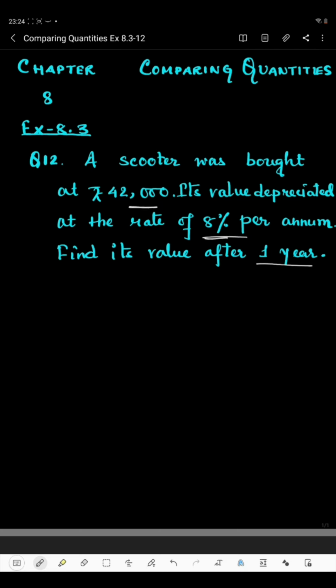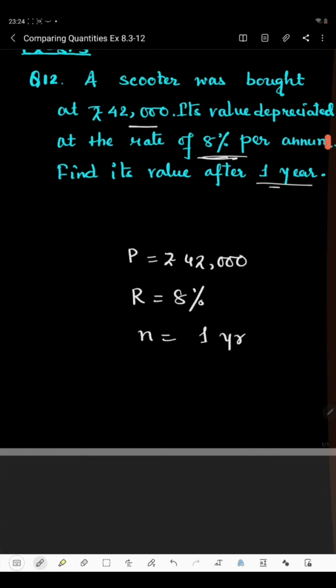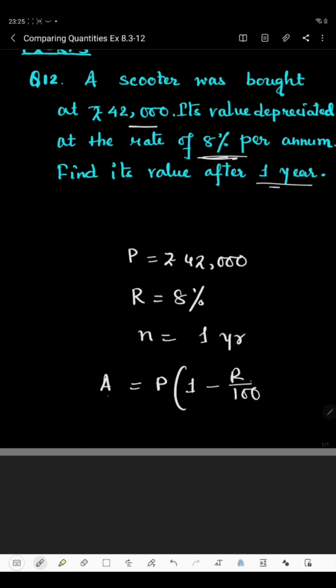Now let's start. Here the initial value is 42,000, so we'll consider 42,000 as P, okay? Now R is given, which is 8%, and time is given as 1 year. We are finding the amount only, but we'll put minus in place of plus. So A is equal to P into 1 minus R by 100 raised to the power n.